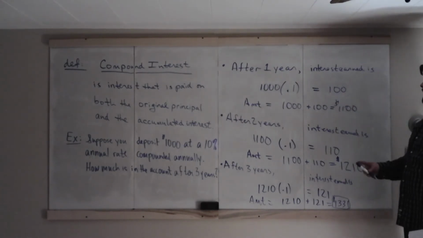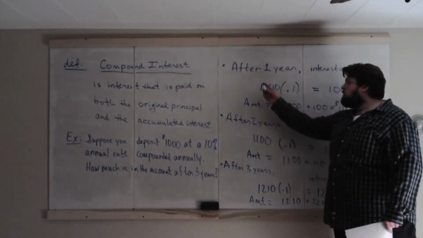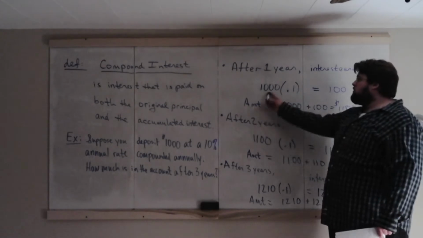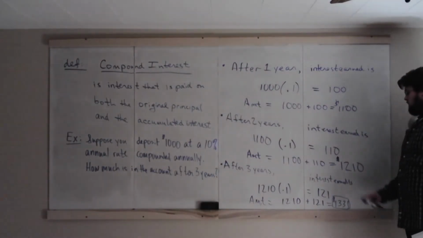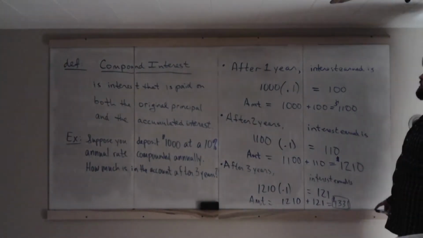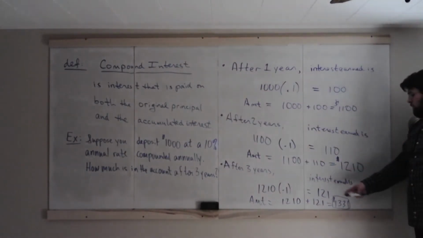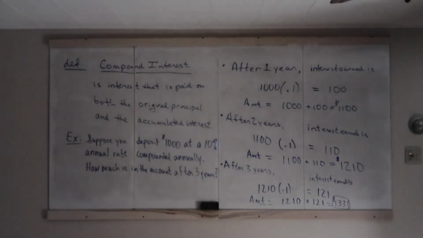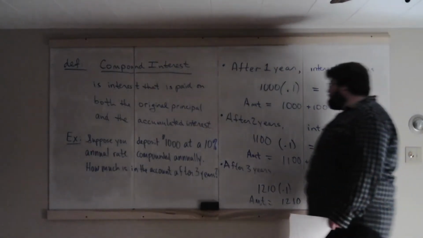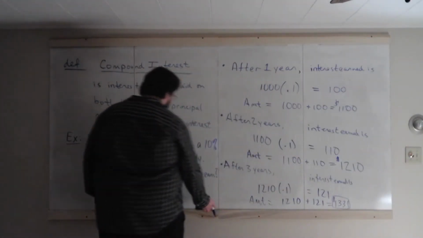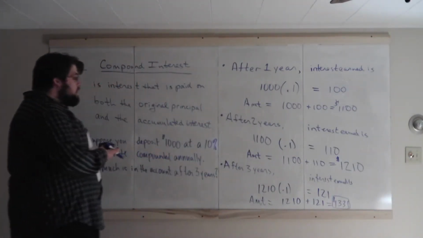At the beginning you have 1,000, 1,100, 1,210, 1,331. Ignoring zeros, 1, 1, 1, 1, 2, 1, 1, 3, 3, 1. Have we seen that before? Yes. In Pascal's triangle.